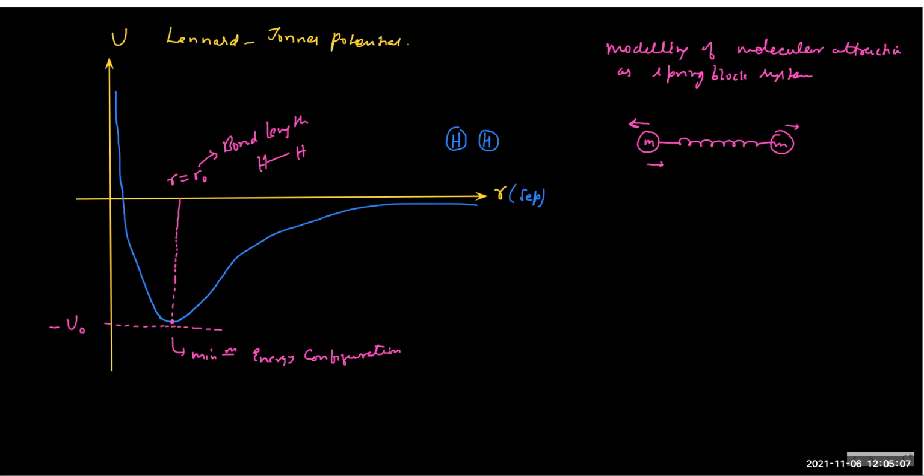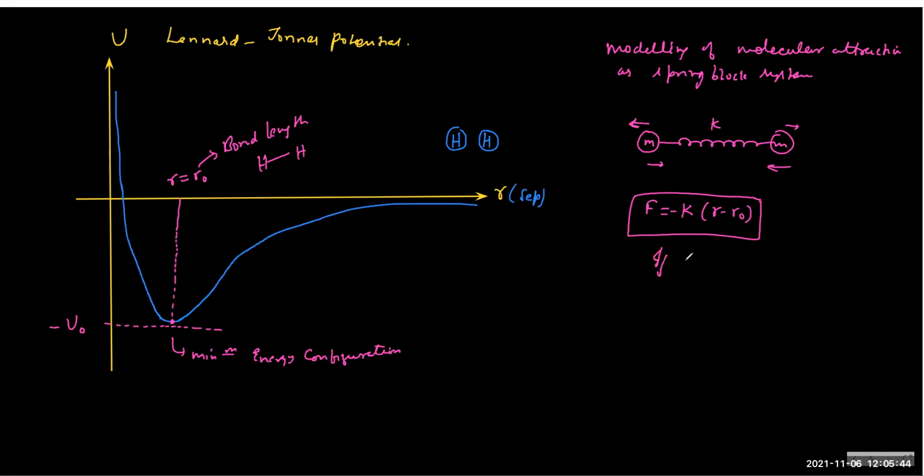And if you try to compress, it will push you back. That's the idea. So the spring force that we can create is K times (R minus R naught), because R minus R naught is a deformation, and R naught is the equilibrium position. If R is more than R naught, it is attractive because the net value is negative. If R is less than R naught, then this entire term becomes positive, which means repulsion.